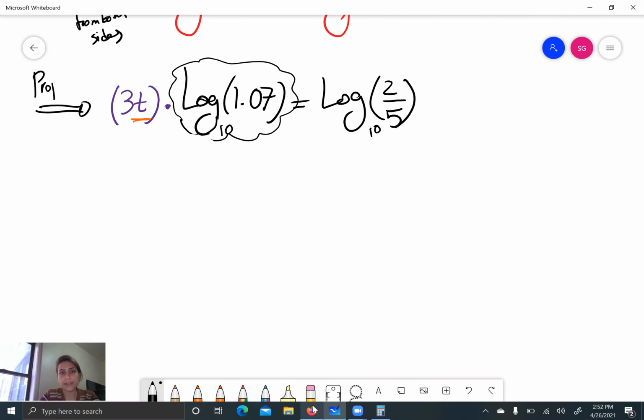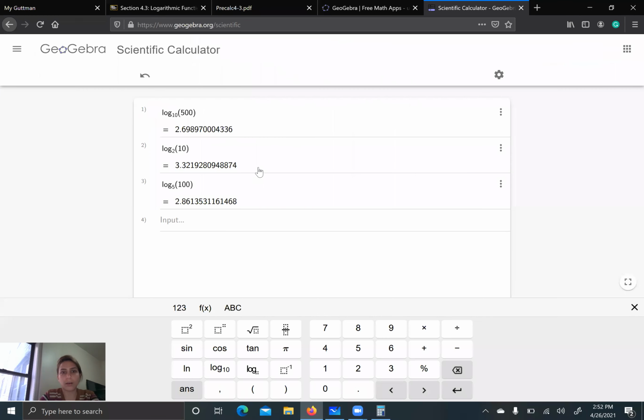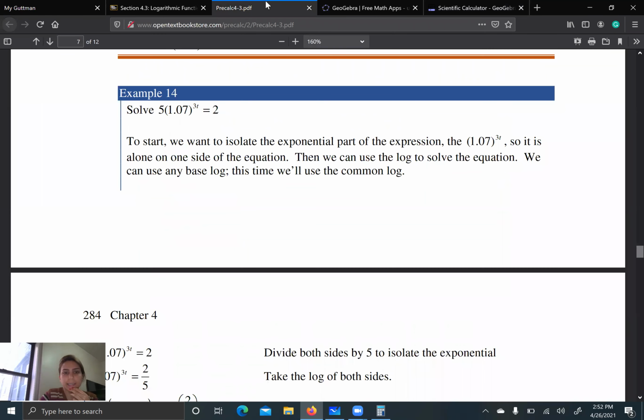So the first one is going to be log of 1.04, right? Let's run this. Run it to how many decimals? Let me see how many decimals your textbook rounded.